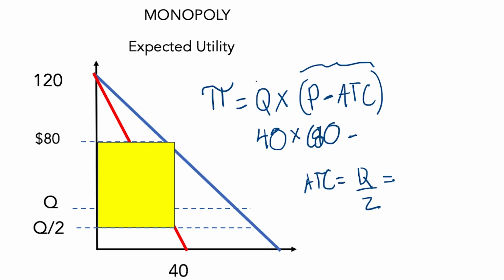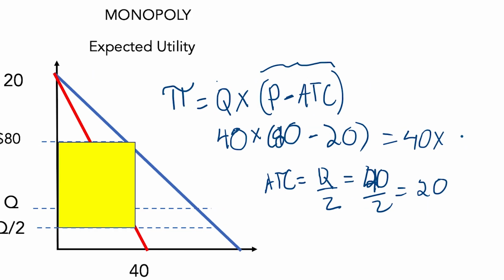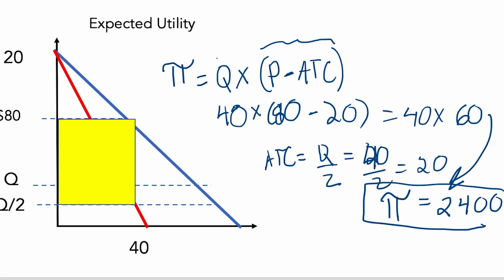Therefore, the average total cost in this particular case is 40 divided by 2, which is equal to 20. So the average total cost is 20, and therefore the profit is given by 40 times 60. The profit is 2,400. The price is 80, the quantity is 40.